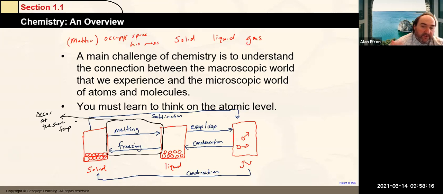So 0 degrees Celsius is, for example, where water freezes. It's also where it melts. And exactly at 0 degrees Celsius, as we'll talk about in a later chapter, we have both phases in what's referred to as equilibrium with each other. There's solid and liquid occurring at the same time.